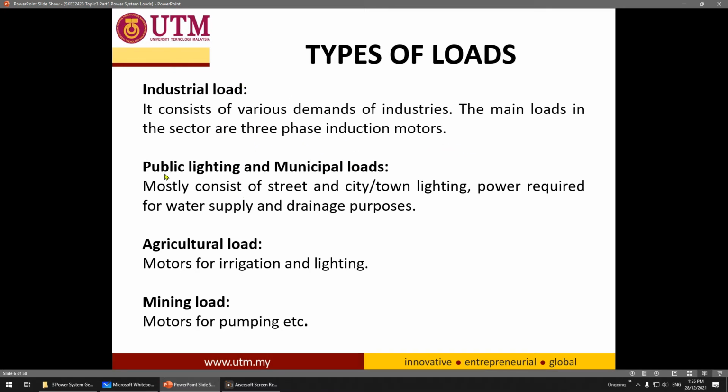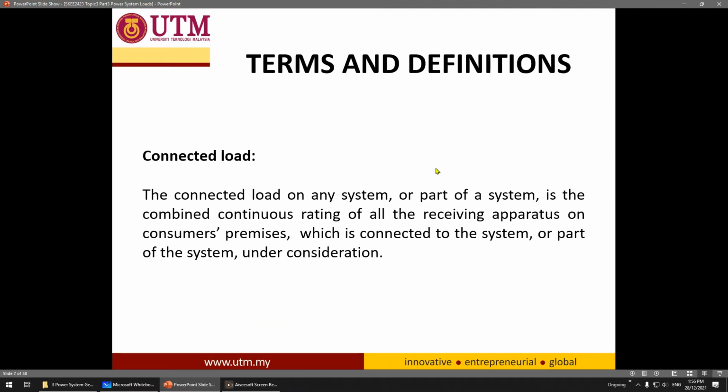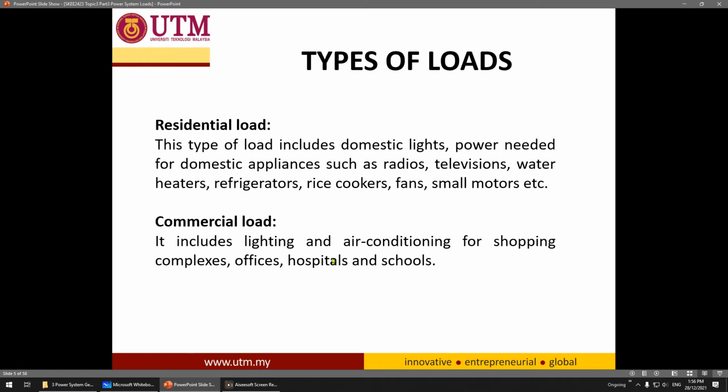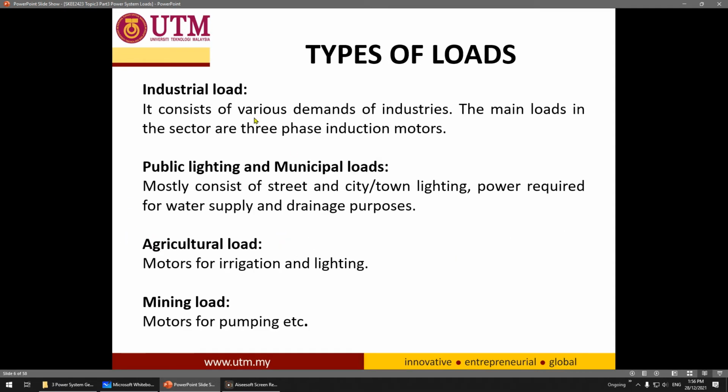Then you have public lighting and municipal load, mostly street lighting, and power for water and drain purposes. Agriculture is for motors to pump the water as well as lighting, and mining also uses motors. So these are the types of load available, focusing on TNB.